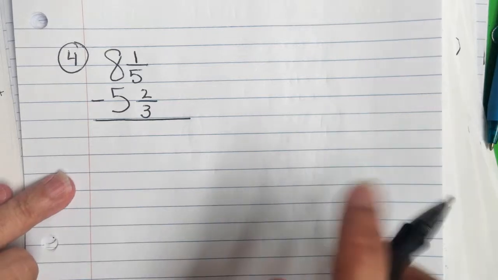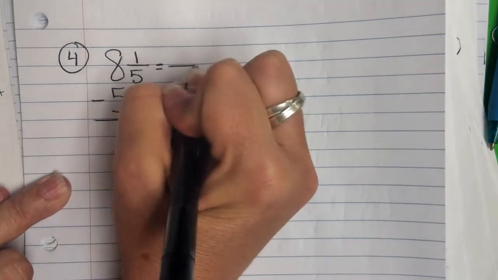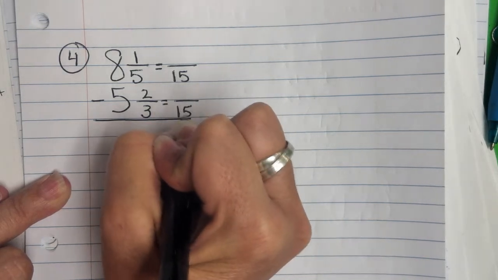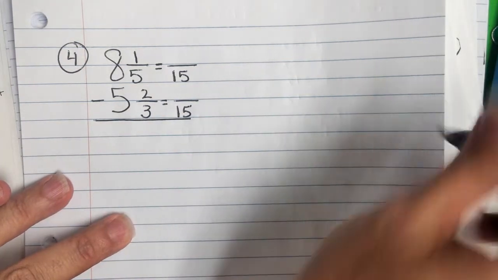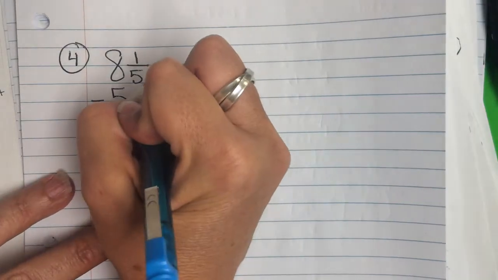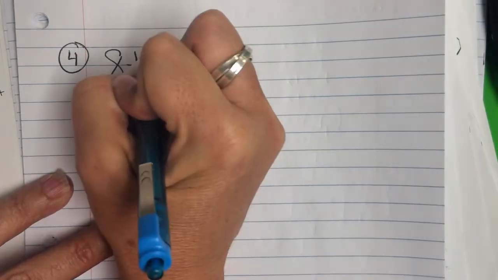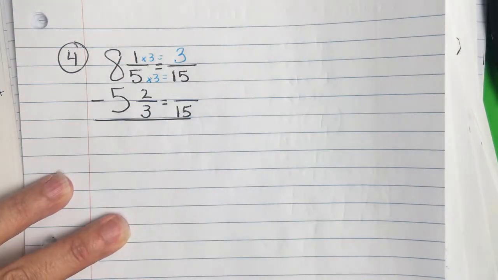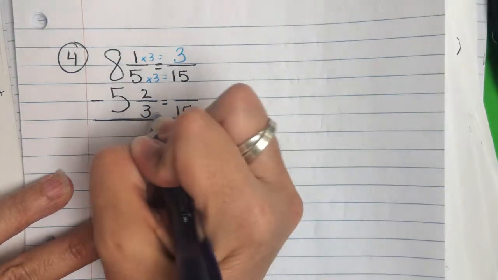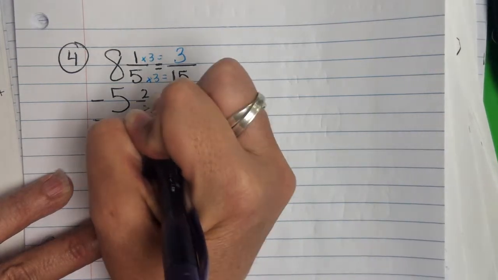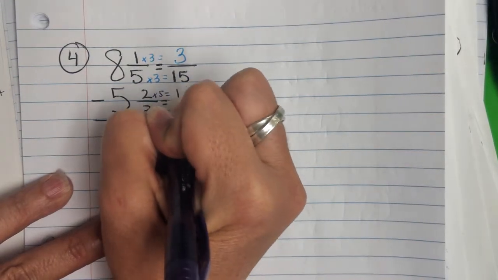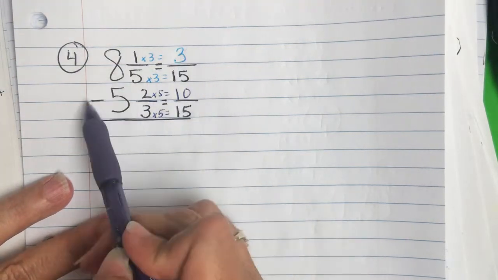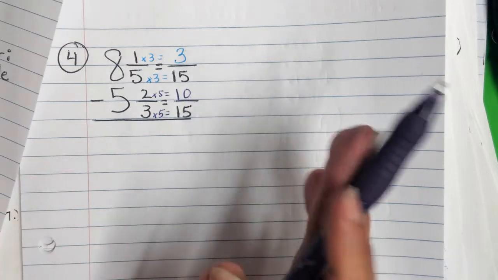Here we go. First step, I need a common denominator. And you don't have one, and I don't have one. 5 and 3 is 15. Okay? I'm going to go across. 5 times 3 is 15. 1 times 3 is 3. Now I'm going to do the bottom. 3 times 5 is 15. 2 times 5 is 10. Here's the big problem: 3 minus 10, you can't do it.